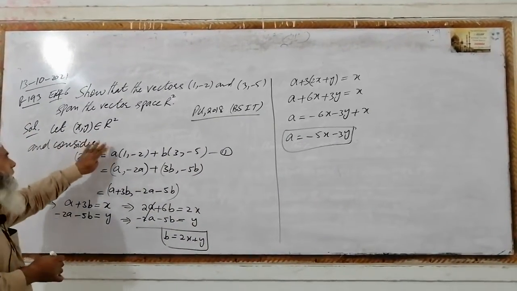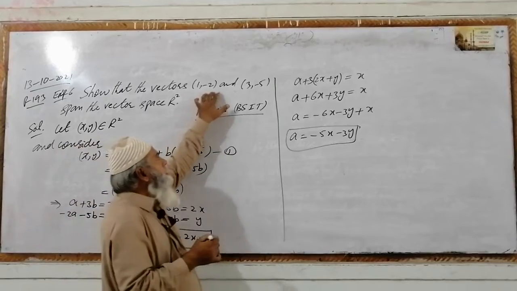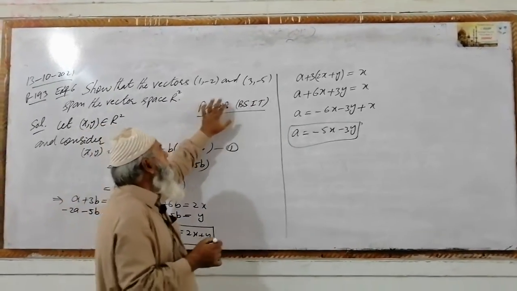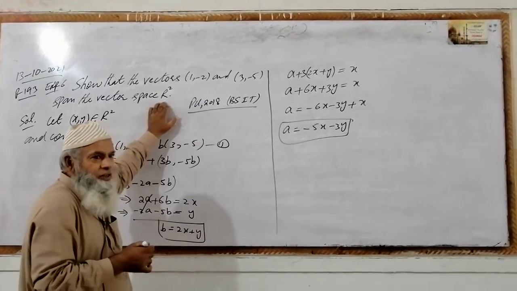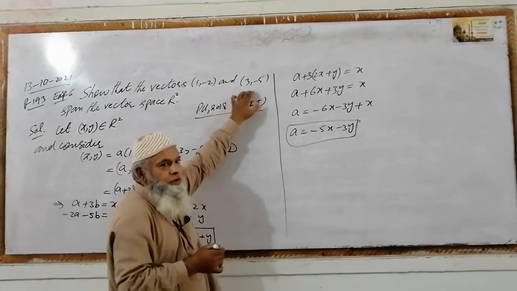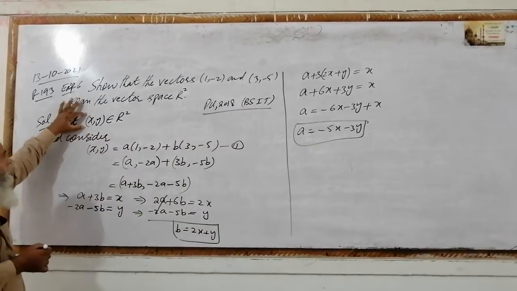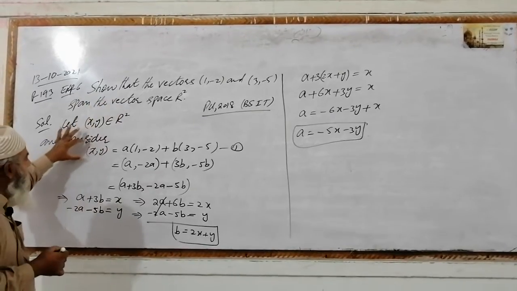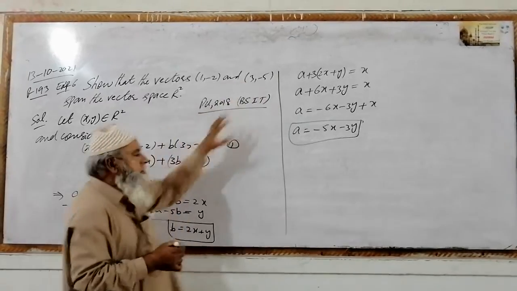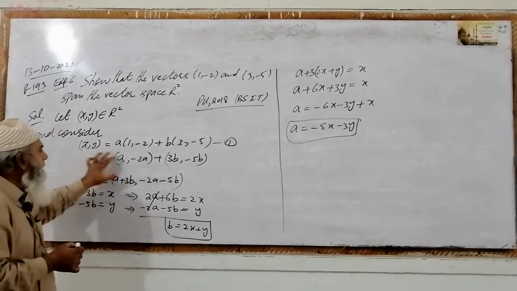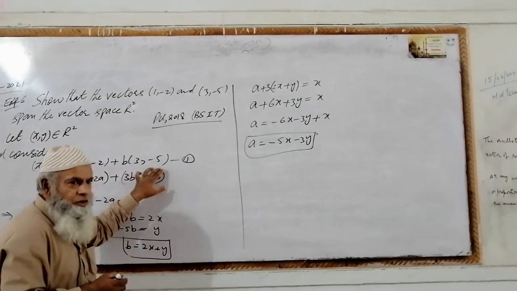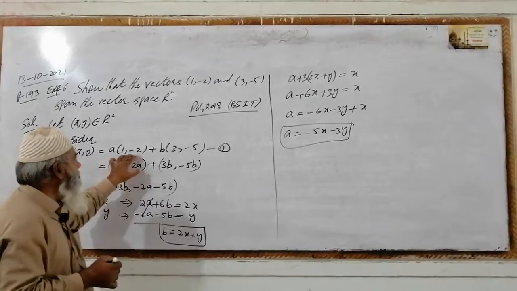Once again, we have to prove that these two vectors span the vector space R square. And how can we prove it? We have to show that every element of R square is a linear combination of these two vectors. For that purpose we have taken an arbitrary element (x, y) of R square and considered it as a linear combination of (1, -2) and (3, -5).